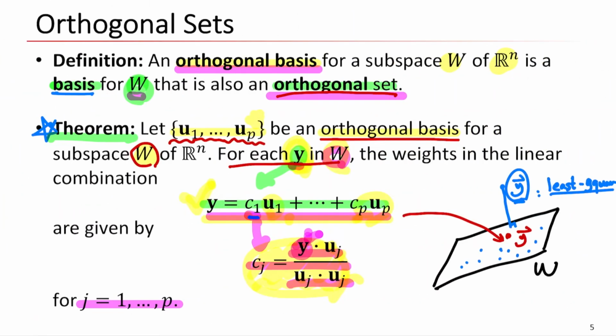So the orthogonal basis means the set should be a basis for W and it should be an orthogonal set.